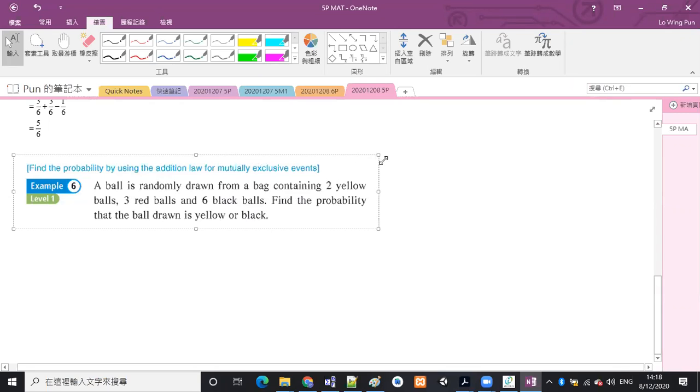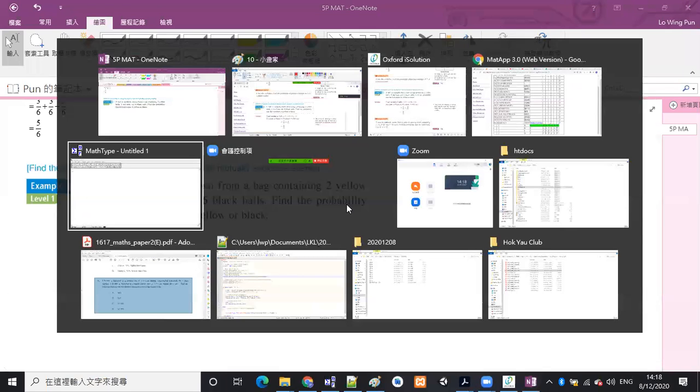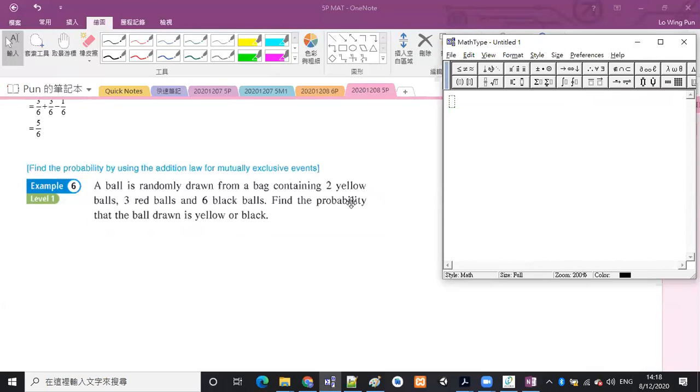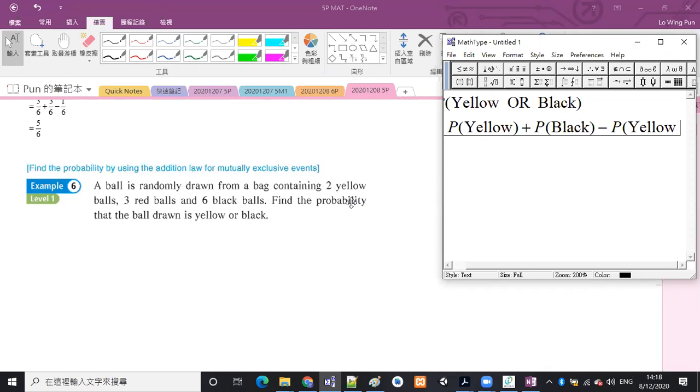Okay, so but now the question asks us to find the probability that the ball is yellow or black. Okay, so it will be simplified to be P(yellow) plus P(black) and then minus P(yellow and black).